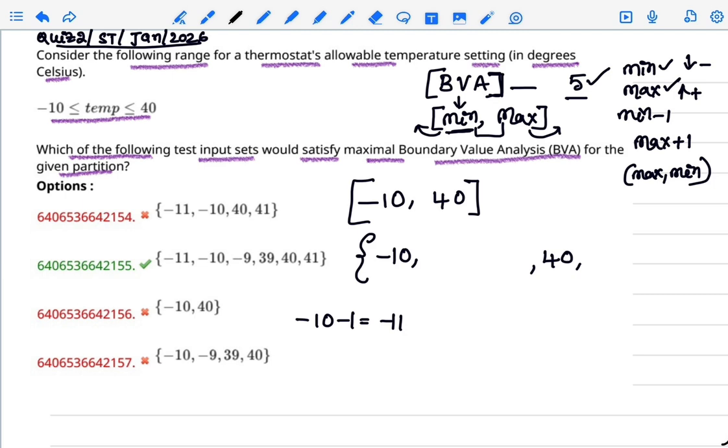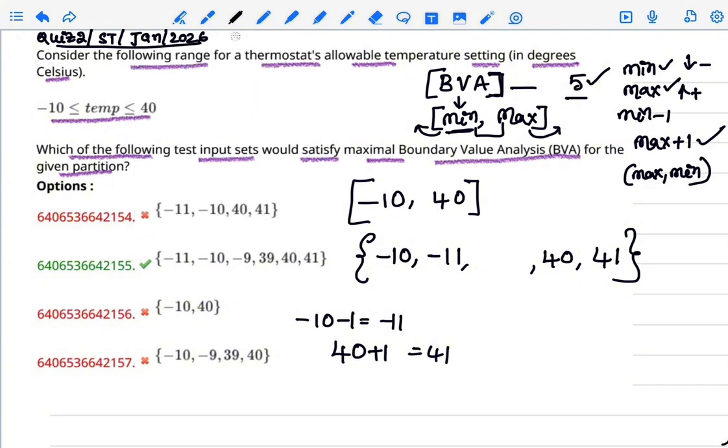So first you write -11. Next maximum plus 1, the maximum value is 40, 40 plus 1 is 41. So this one is 41.